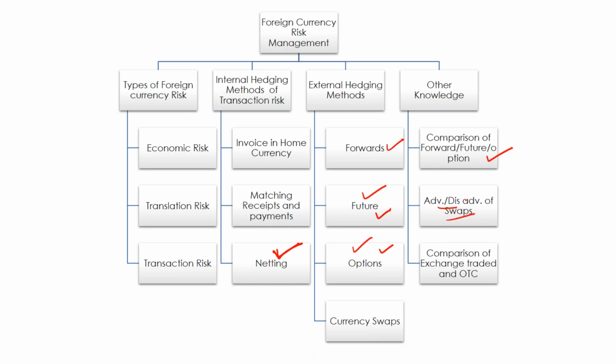So if you are revising currency risk management, you should cover these three theoretical topics: the comparison between forward, future, and option, the advantage and disadvantage of currency swaps, and the comparison between exchange traded and over the counter derivatives.